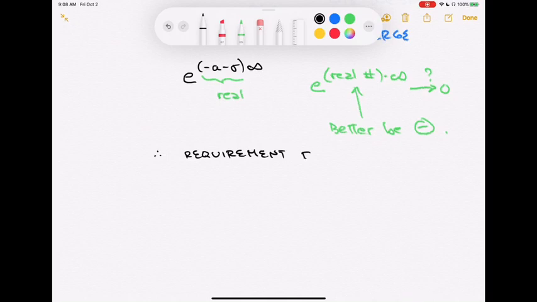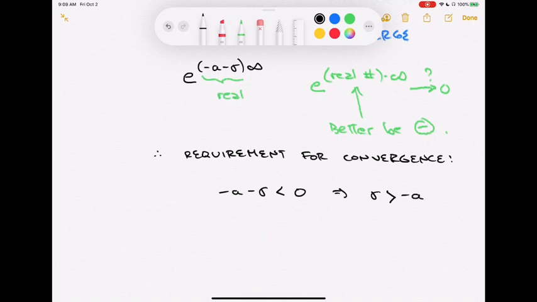The requirement for convergence, to make this go to zero rather than blowing up to infinity, in this case is minus a minus sigma has to be less than zero. We have to have that thing that leads the infinity be a negative number. That tells me that sigma needs to be greater than minus a. And what is sigma? Sigma is just the real part of s.